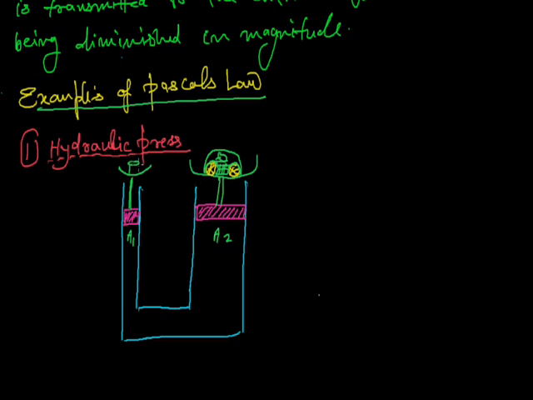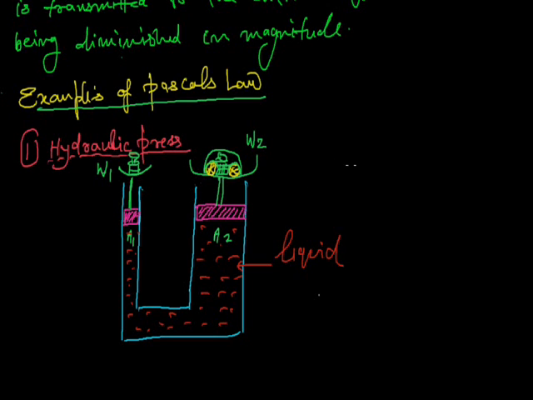We apply a small force, and some liquid is filled in the hydraulic press. Here the weight on this arm is W1, and here the weight of the car is W2.